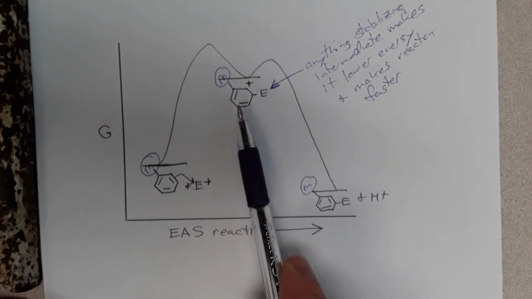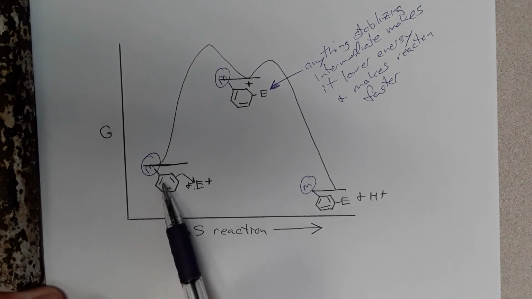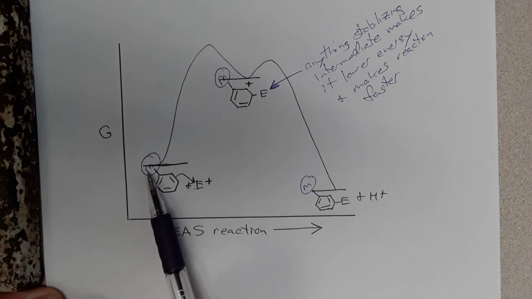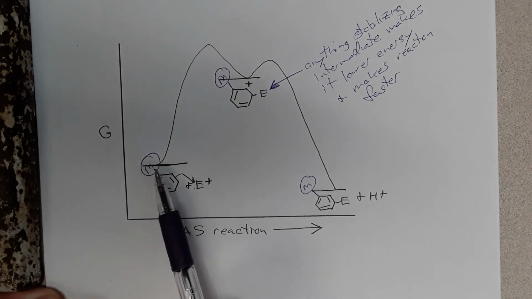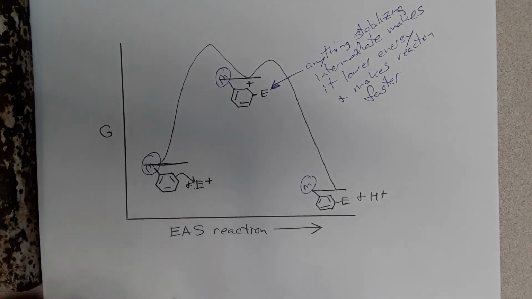So basically you have three different intermediates that could form in this reaction. Now that we have a group that's already on the ring, we could form an intermediate where the electrophile has added ortho, meta, or para. So there's three different intermediates.